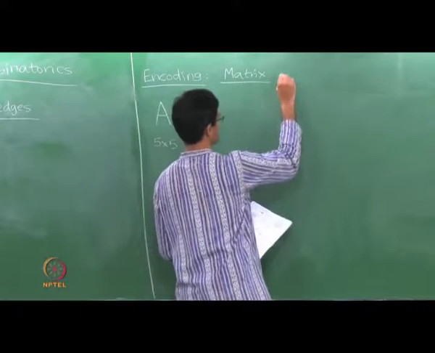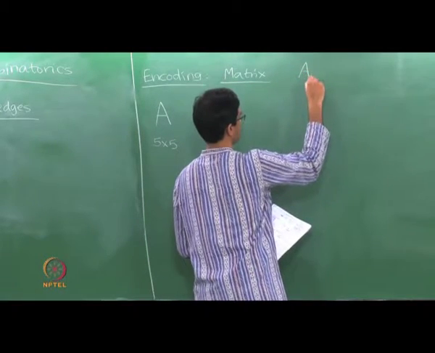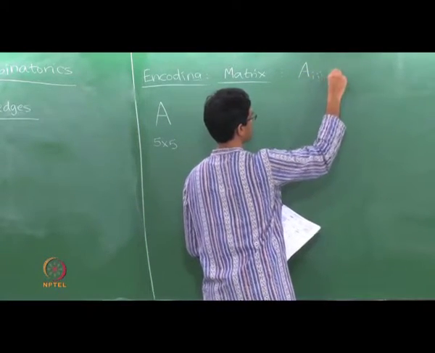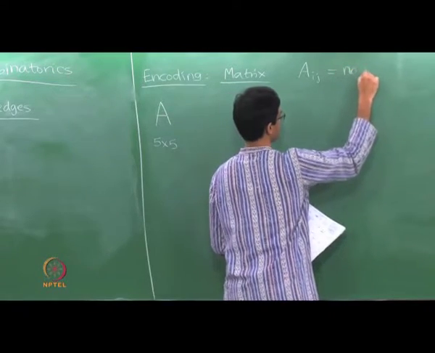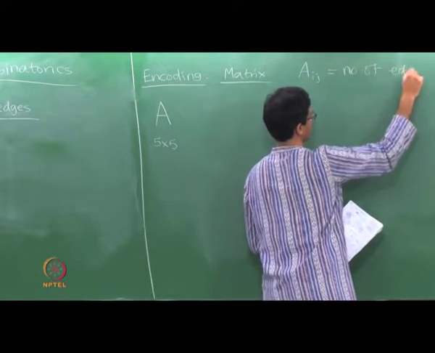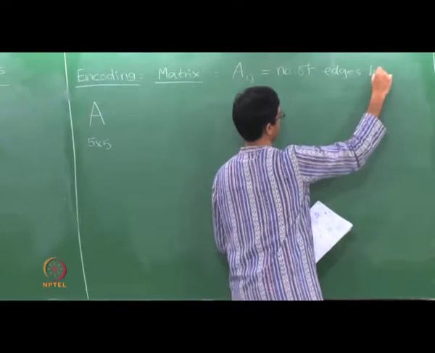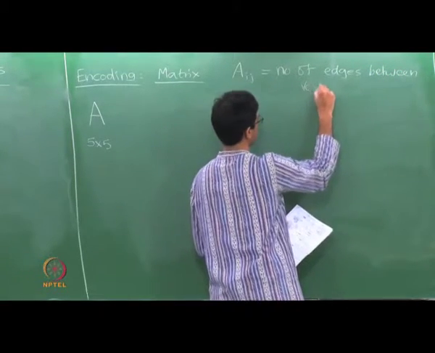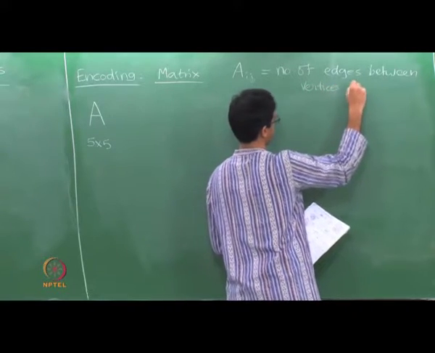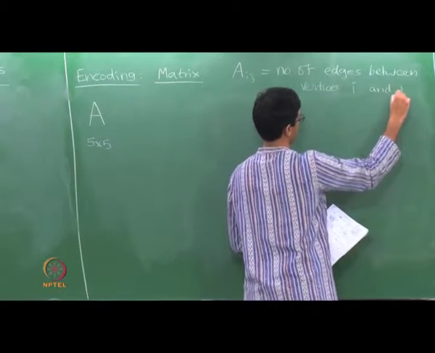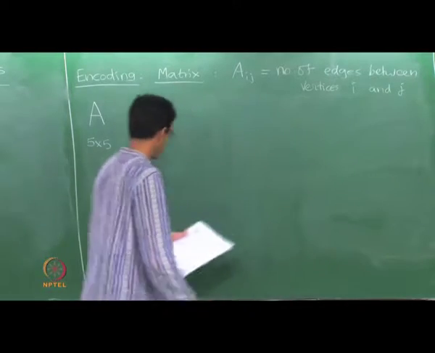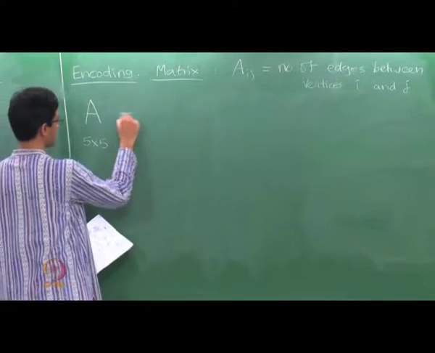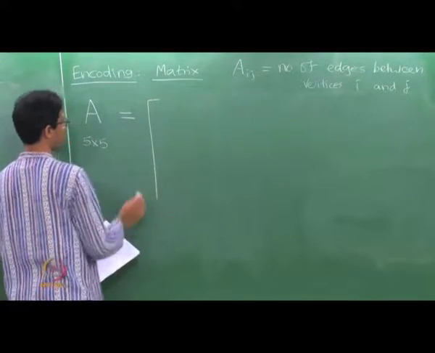And what are the entries of this matrix? So let's call it A. The i, jth entry of this matrix is just the number of edges between vertex i and vertex j. So in this example, the matrix A for this graph would be the following.